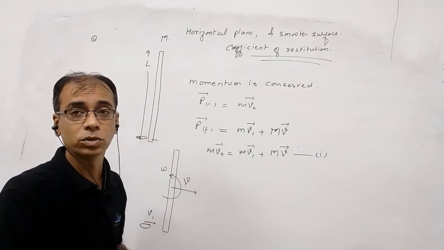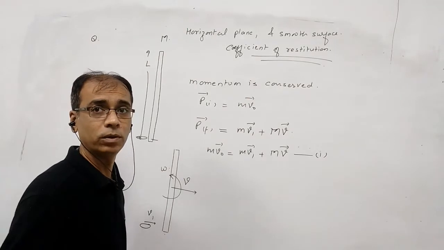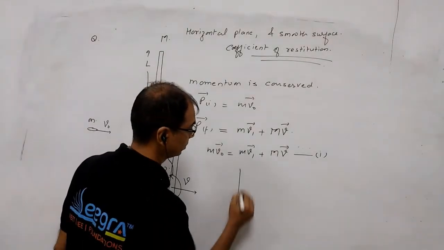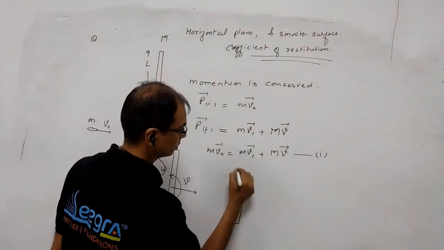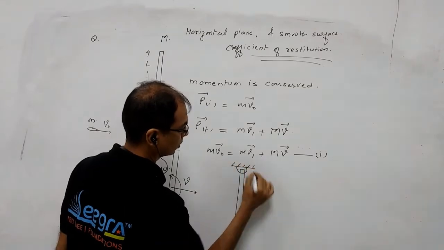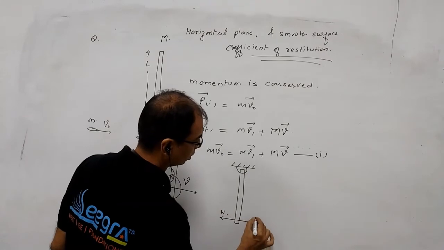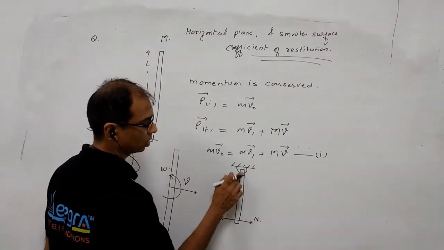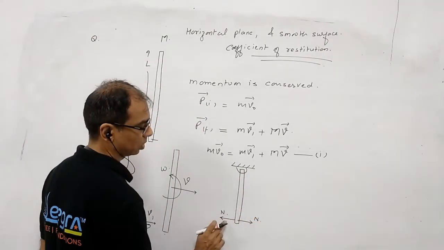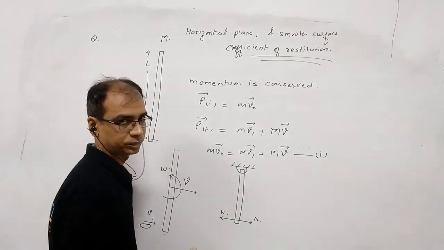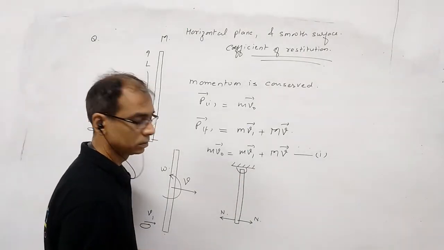We discussed that also. Shall I do it over here again? To the bullet you give a normal impulse like this, and to the rod a normal impulse like this. So the torque about this end and the torque about that point because of this end is 0 only. Yes or no?